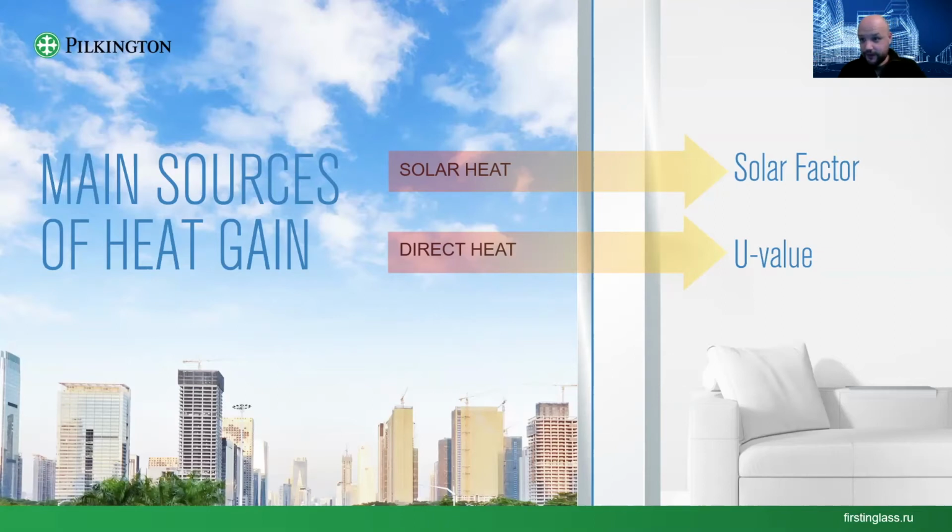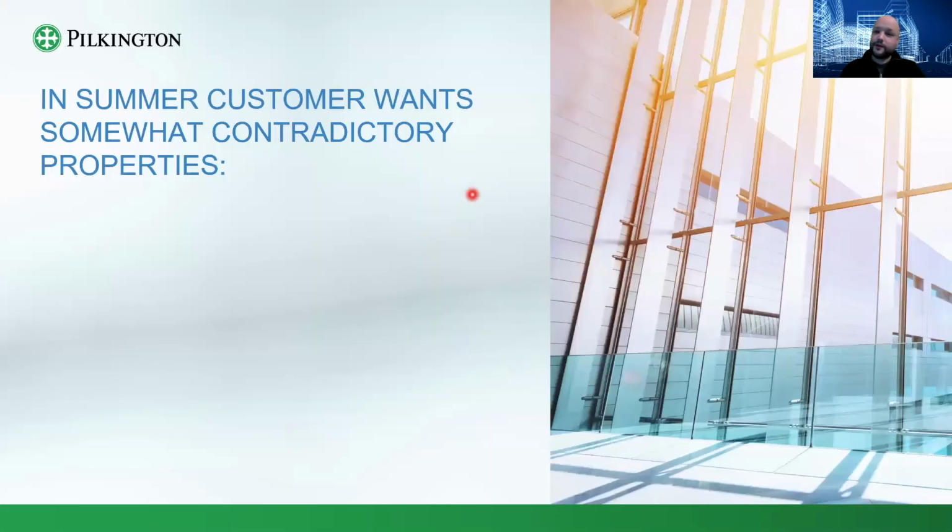What is different for summer comfort is that air conditioning is usually the more expensive option than heating. So in the summer, the customer usually wants the level of daylight to remain almost the same, while he wants much less solar heat to come in.